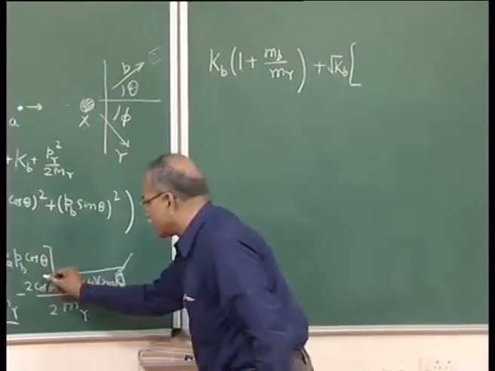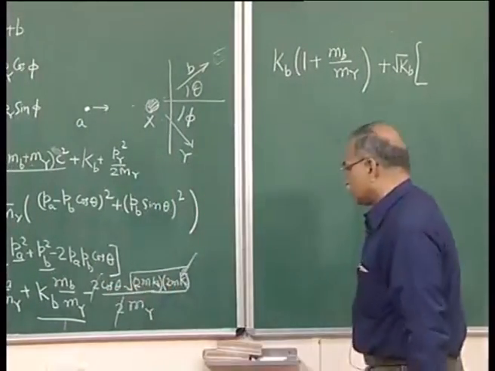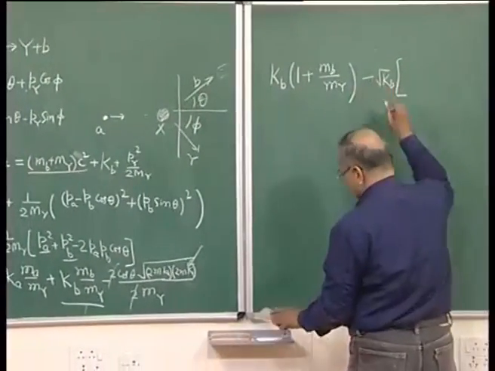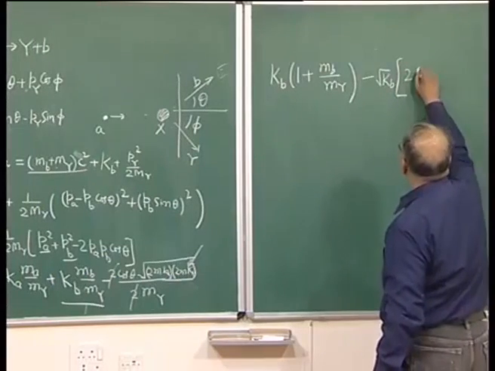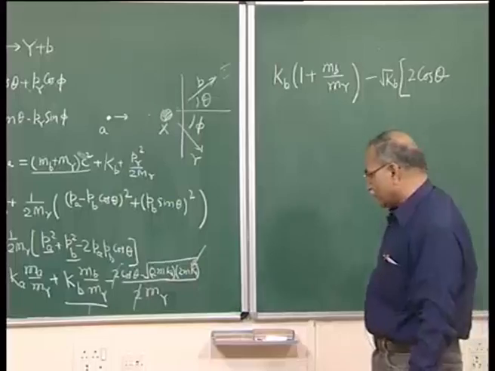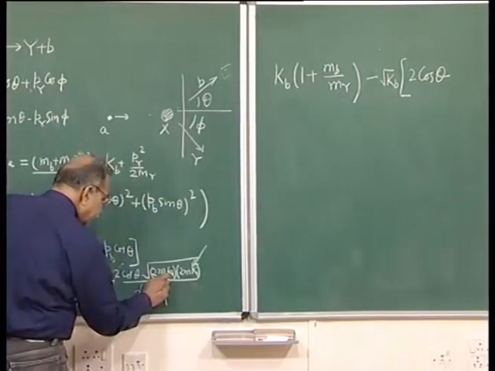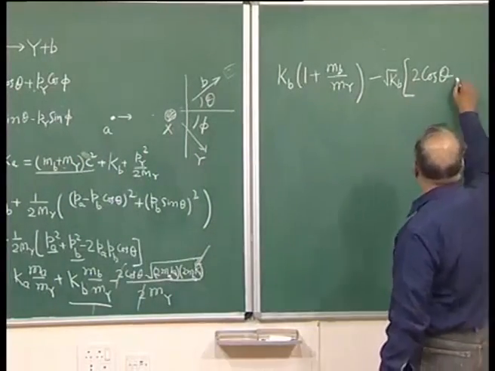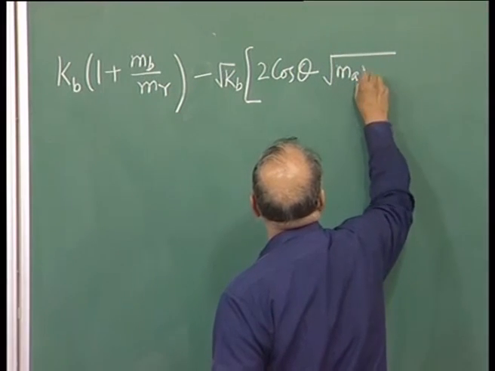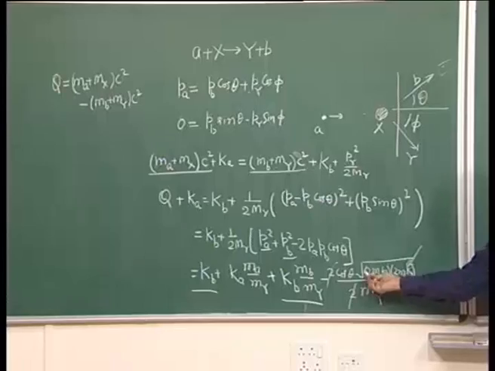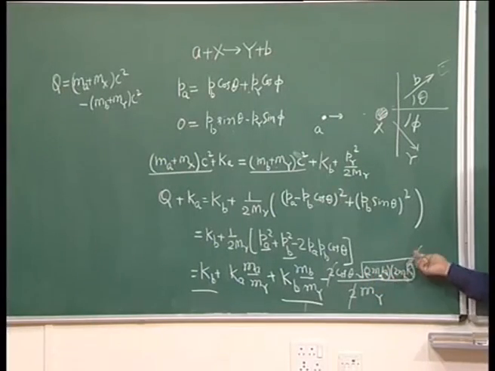What you have, this 2 you can cancel and this 2 will come out. So, it is minus 2 cos theta. So, put minus here and then it is 2 cos theta, and which m is this? This is ma and this is mb. So, square root of ma mb Ka, square root of ma mb and Ka. So, I have written this 2 ma Ka 2 mb, all these things I have written and divided by my.